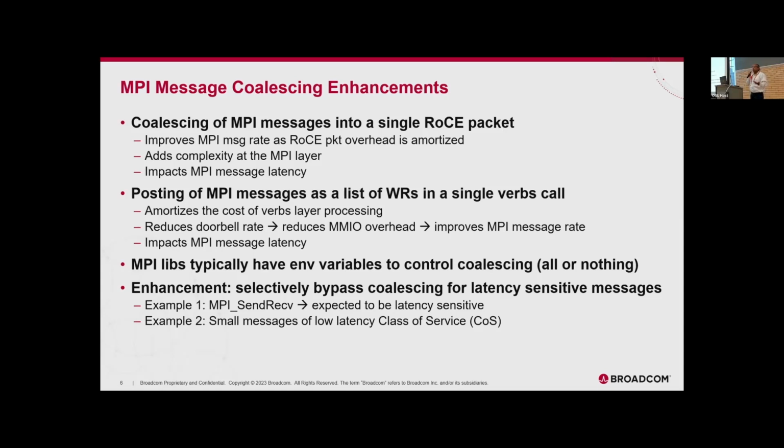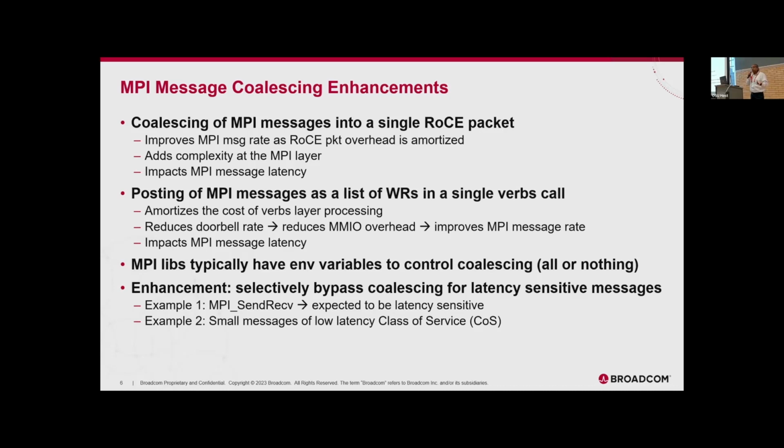So it can do some kind of doorbell moderation. What I mean by that is it can post all of those and then ring the doorbell once per list. So now you have reduced the cost of MMIO, which helps with your processing. That will also improve your message rate, because you had all these multiple messages queued at the same time and they are processed more efficiently.